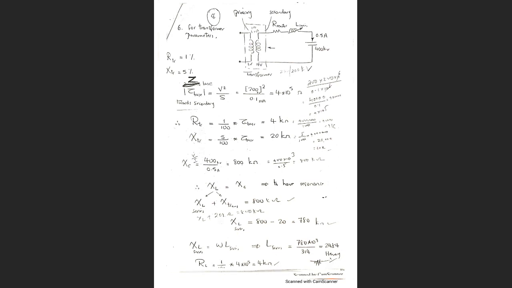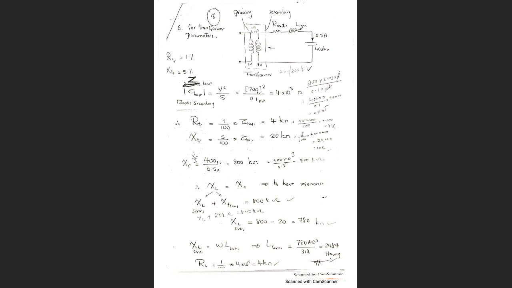But when the circuit is at resonance, the XL value should be equal to the XC value. This XL will have two parts: the transformer reactance and the series reactance connected. So in total we should have 800 kilo ohms. But from our calculations, we got the transformer reactance as 20 kilo ohms.